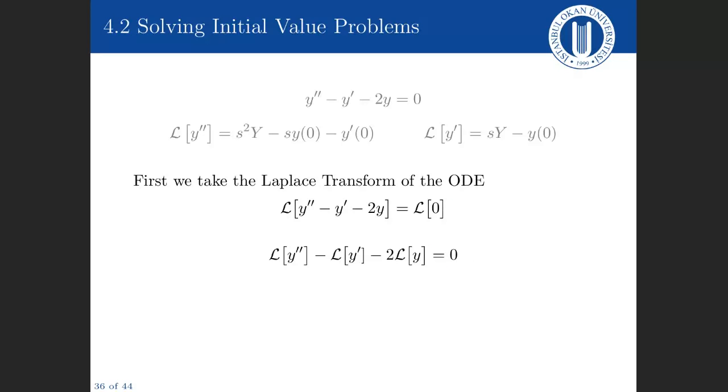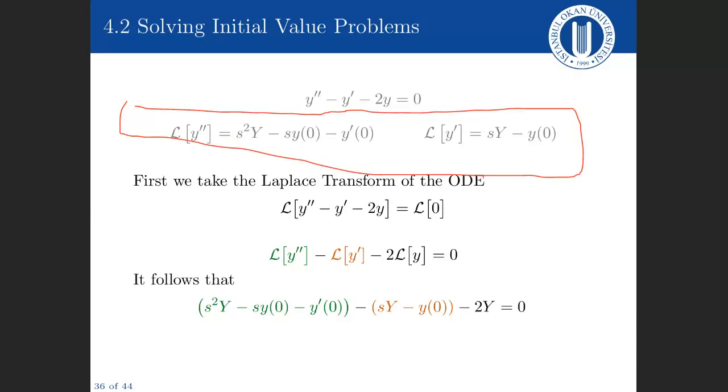And because the Laplace transform is a linear operator, on the left side we have the Laplace transform of y'' minus the Laplace transform of y' minus 2 times the Laplace transform of y. We have our formulae, which I've written at the top.